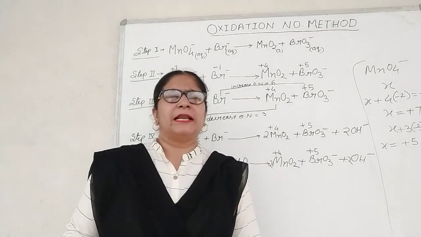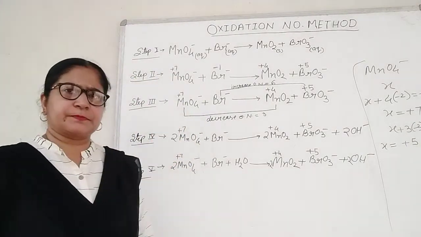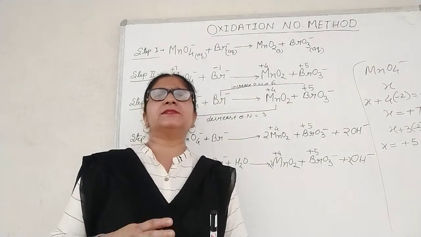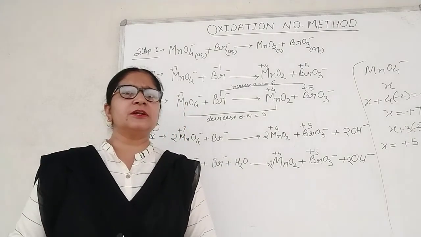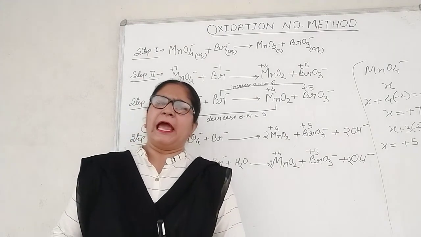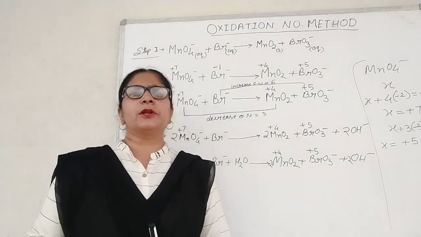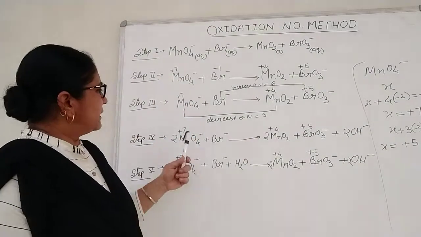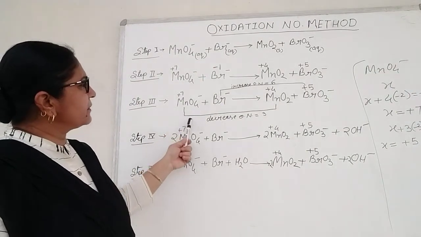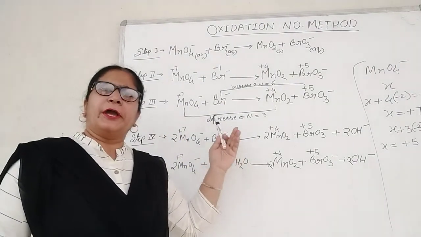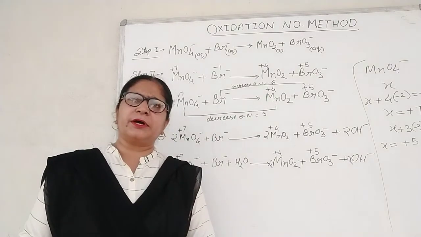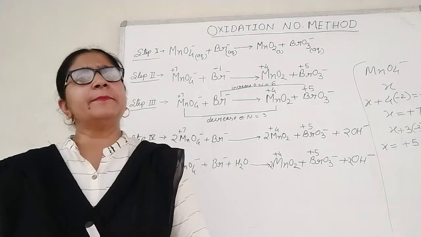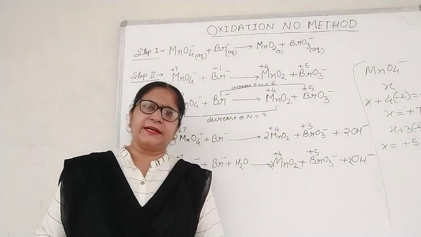Now let's see the third step. Calculate the total increase or decrease in oxidation number per atom and for the entire molecule or ion in which it occurs. If the increase or decrease in oxidation number is not the same, then equalize them by multiplying with suitable coefficients.